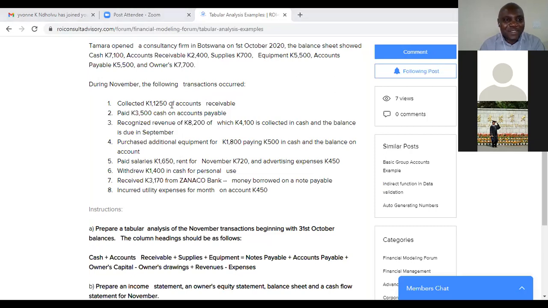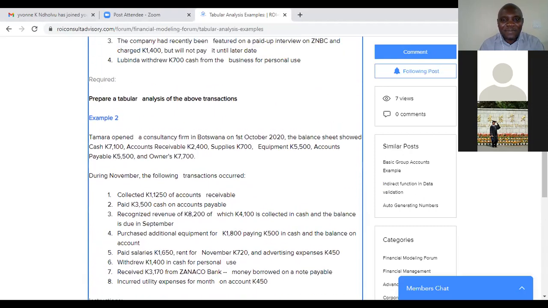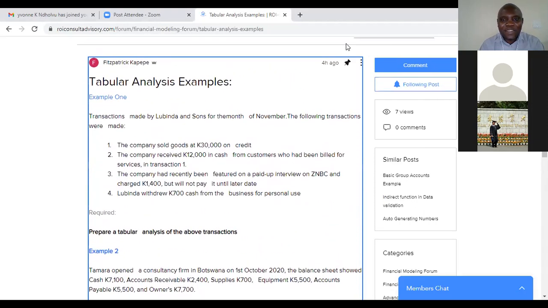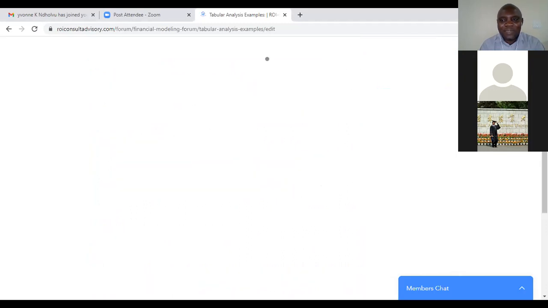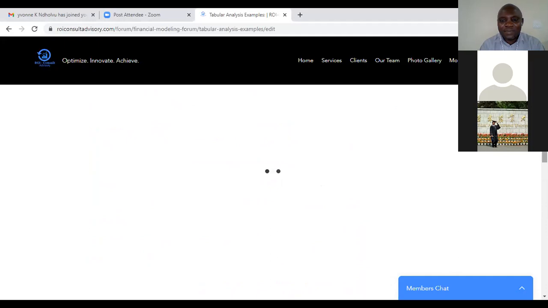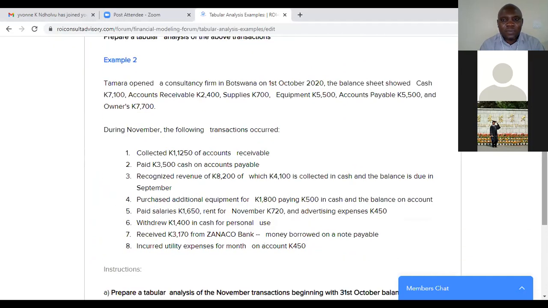I'll remove this zero. I'll correct whatever's in here. So corrected 1,100, and what if I forget, then it will be a problem. Owners equity.